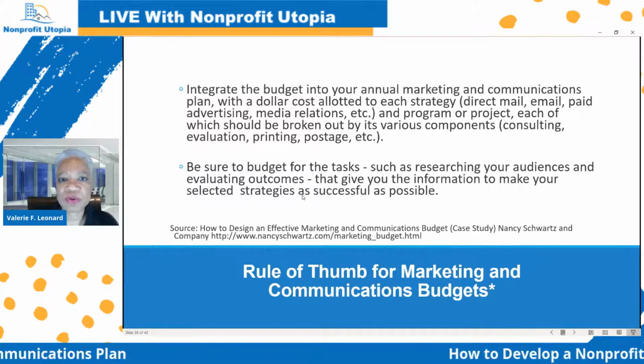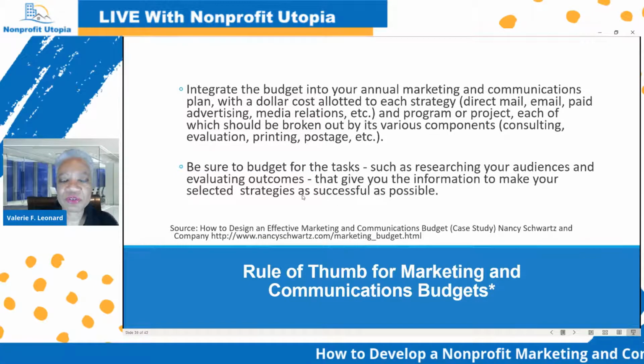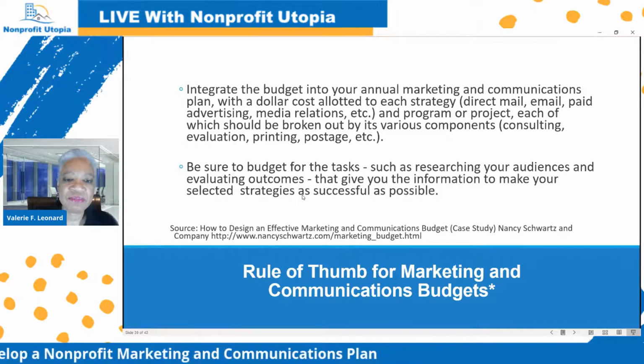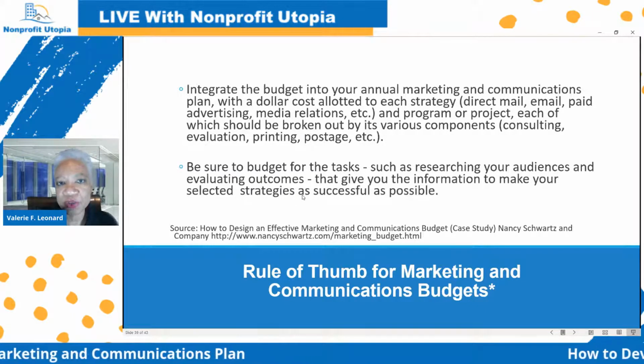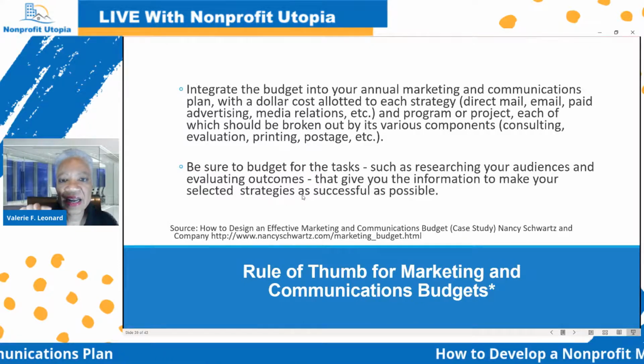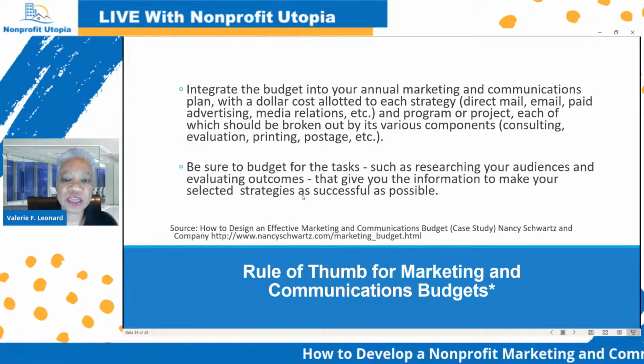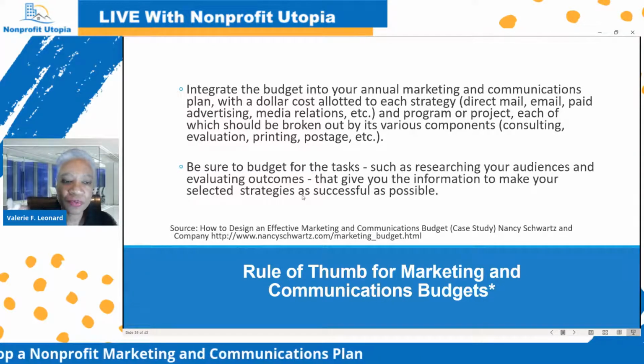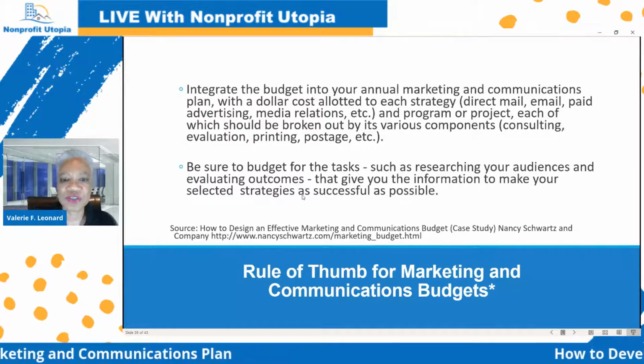So, for example, if you have several strategies and your marketing strategy includes direct mail, email, paid advertising, media relations, etc., you want to make sure that you indicate how much money you're going to be spending on each one of those strategies. And then you also want to do that for each one of your programs or products and services.